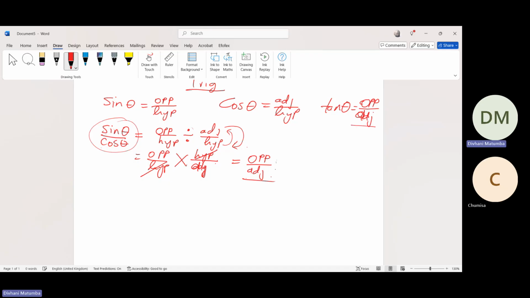And opposite over adjacent is equal to what? To tan. You agree? Yes, sir. So therefore, tan of theta is also equal to sine of theta divided by cos of theta.